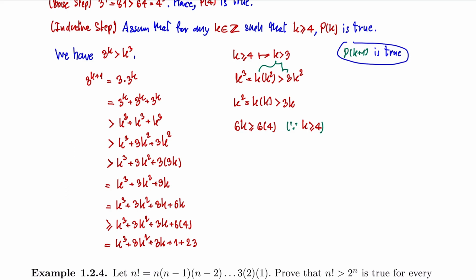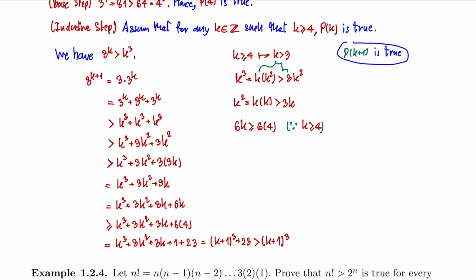And then this first four terms right here, we know that it is k plus 1 cubed plus 23. And this one right here is going to be greater than k plus 1 cubed.